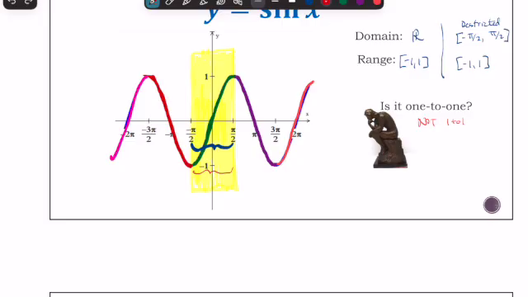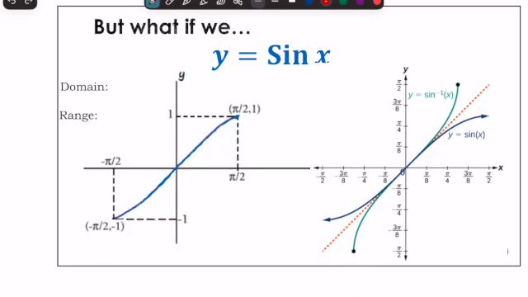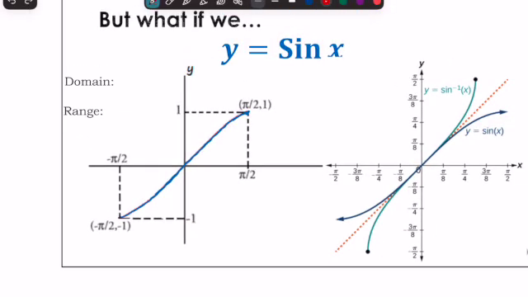So what we would do is we would flip that over the line y equals x. So here we're going to look closer at that restricted domain, and I am going to reflect this over the line y equals x.